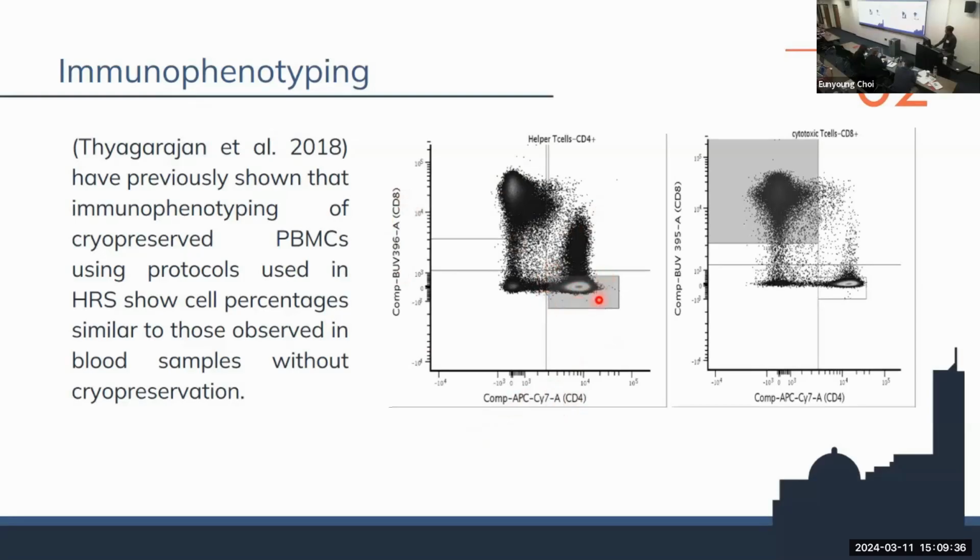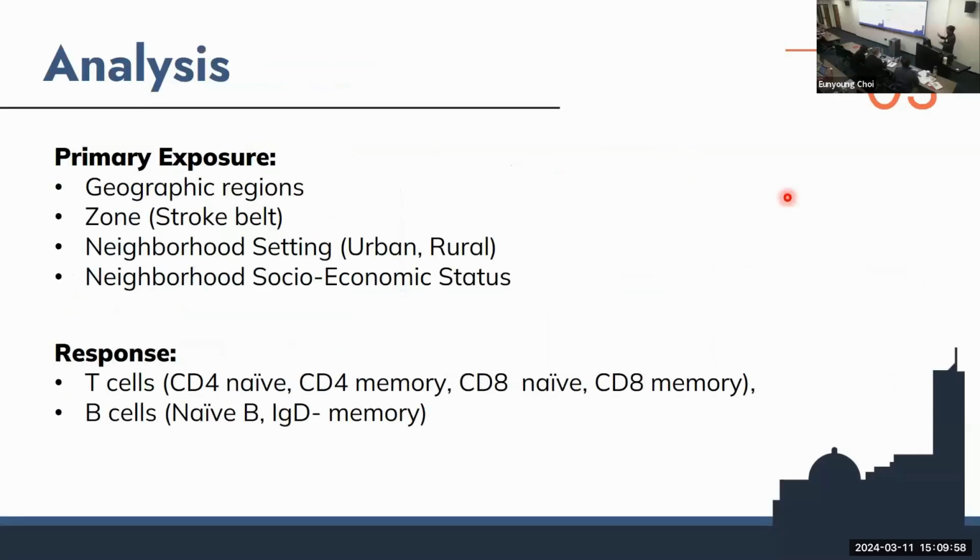If a cell has more CD4 marker than CD8 marker, we categorize it as a CD4 cell. Similarly, if a cell has more CD8 marker than CD4 marker, we classify it as a CD8 T cell. Basically, gating is used to separate cells of our interest from debris, and that's how immune cells have been identified in HRS.